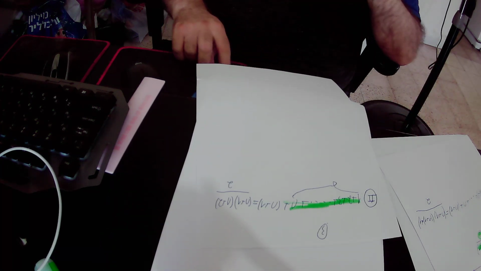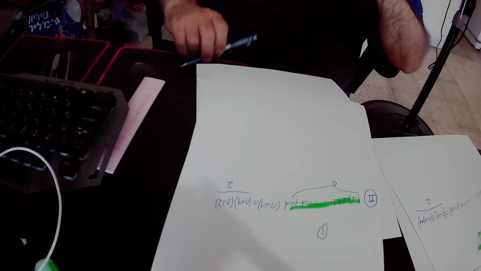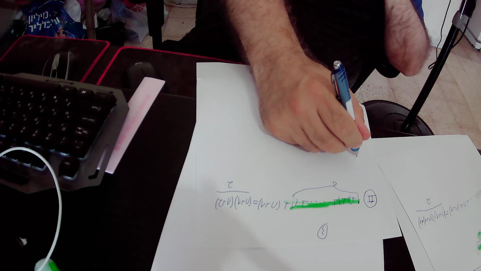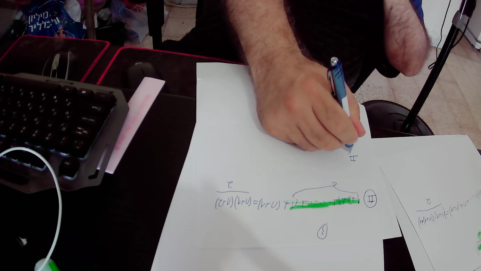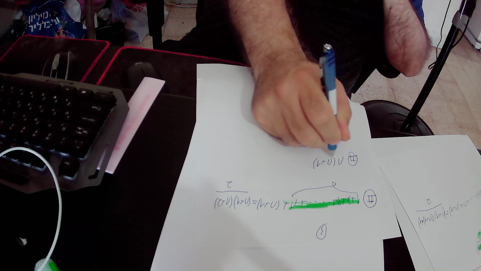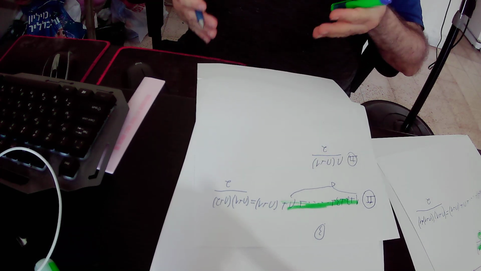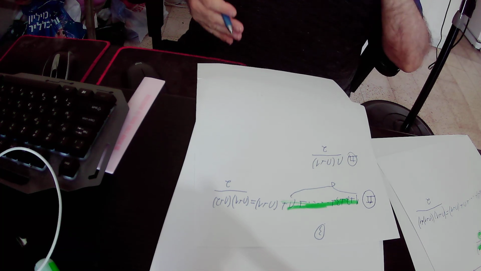Instead of 1 plus 2 plus 3 plus ... plus n, we will write in the second expression n times n plus 1 divided by 2. We can substitute between them because they are equal to each other.